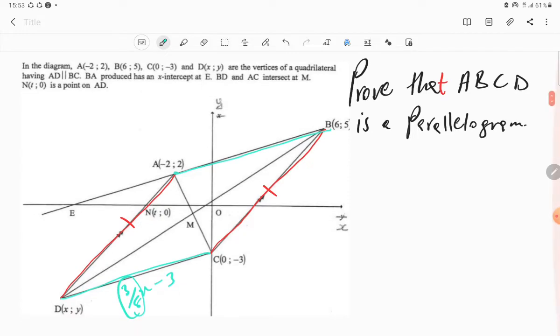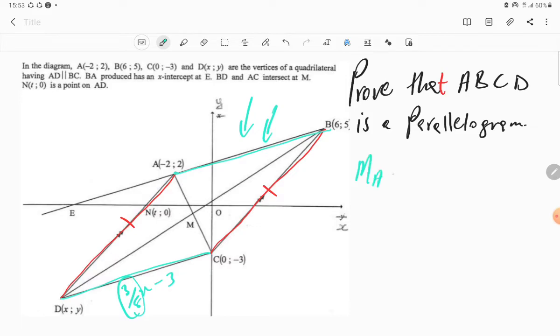So we just need to figure out whether this line AB has the same gradient as DC. If yes, then this quadrilateral will be a parallelogram. So now let's find the gradient of the line AB.